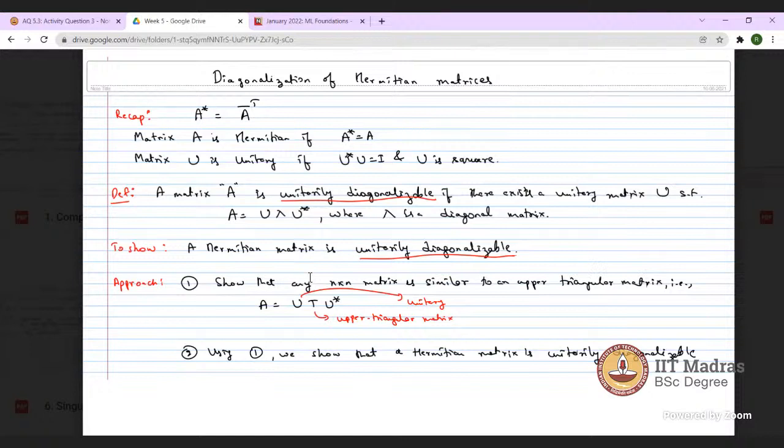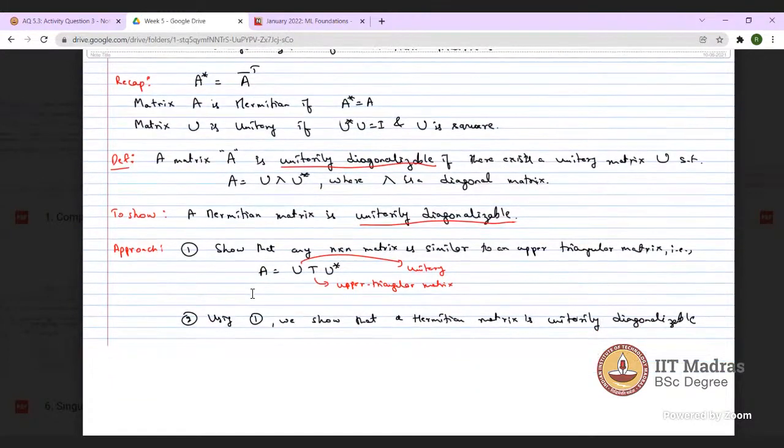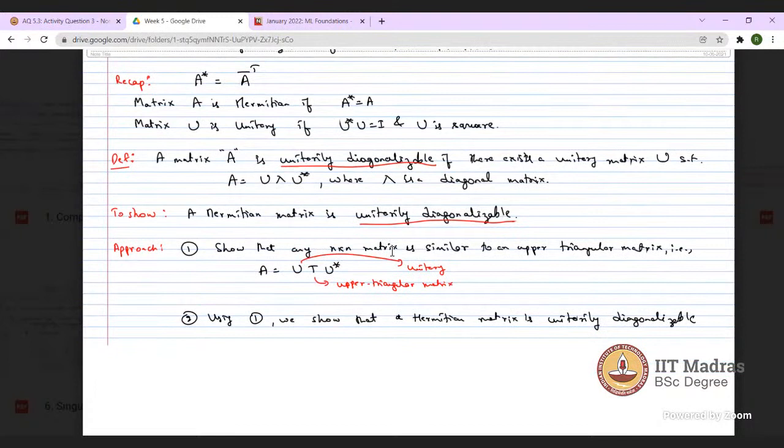The proof for that is done initially by showing that any square matrix can be represented such that A equals U T U star, where T is an upper triangular matrix.